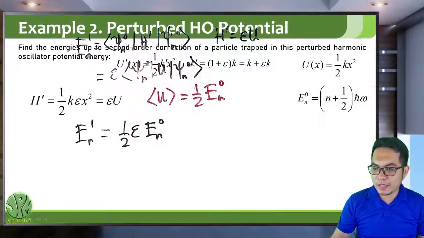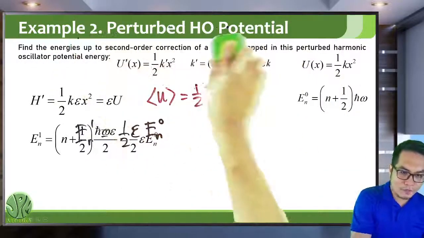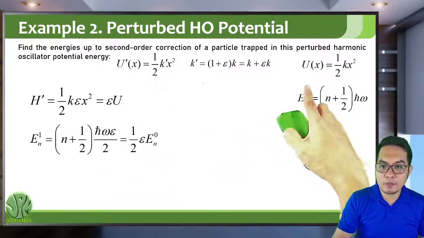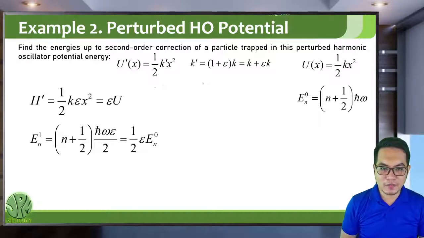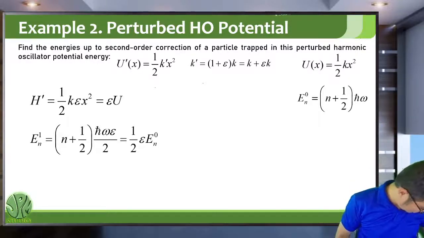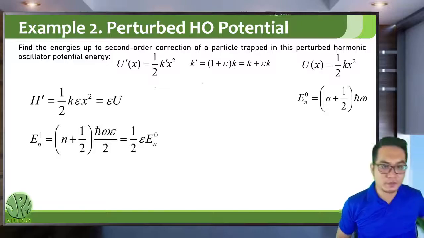So going back, this is now our first order correction. It's 1/2 epsilon En0, where En0 is the unperturbed energy, (n plus 1/2) h bar omega. It's that one, easy peasy. You don't need to do complicated calculations. Okay, let's now go to the second order correction in energy.